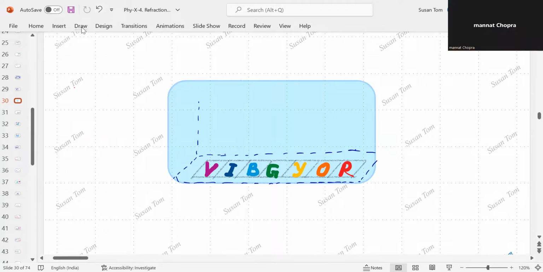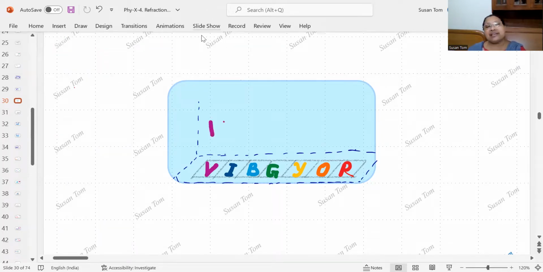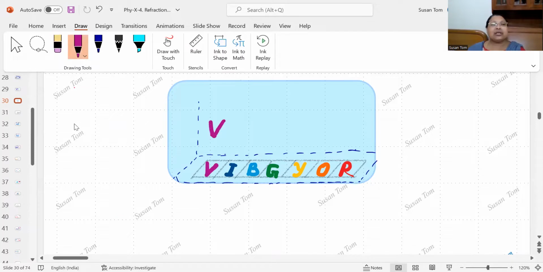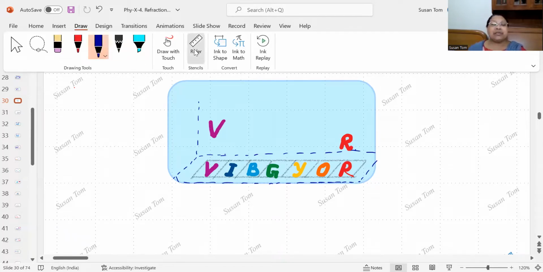And we know violet color's refractive index is more than that of red color, and all the rest have intermediate ones. Suppose if you see the V shifted this much, the R will be shifted comparatively to a lower height, only this much it will be seen. And all the remaining letters will be in between.